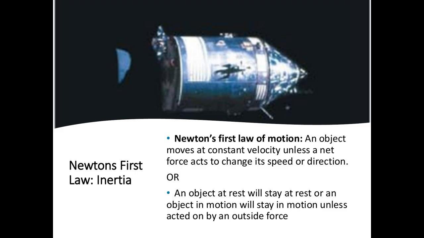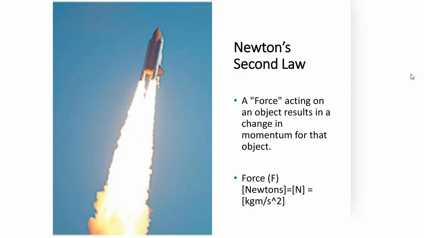Okay, so the first law invoked this idea of a force. So now Newton has to define what a force is. A force is something acting on an object that results in a change in momentum for that object. The variable for force is capital F, and the units for force are newtons.